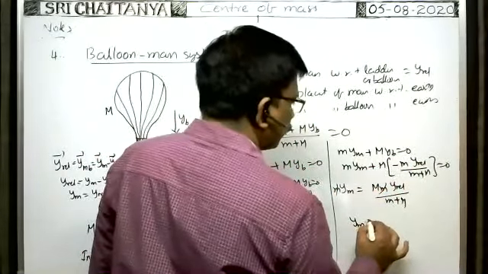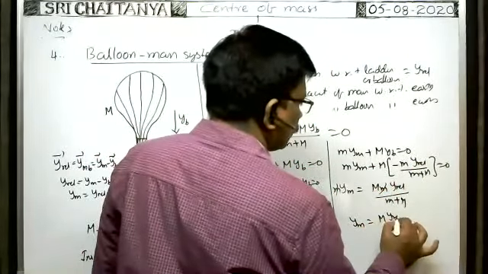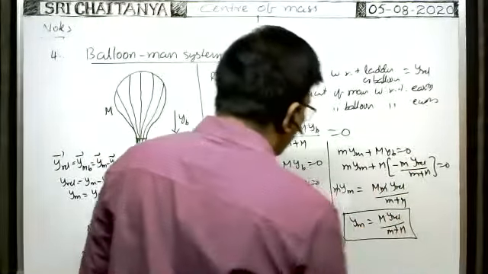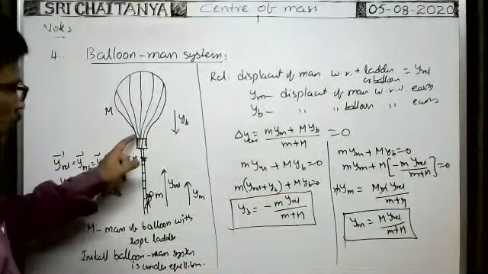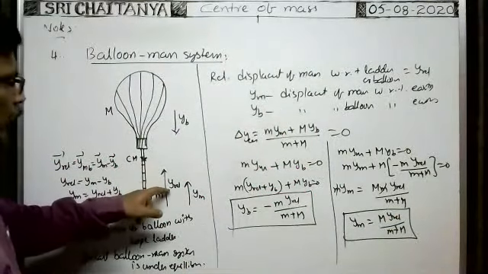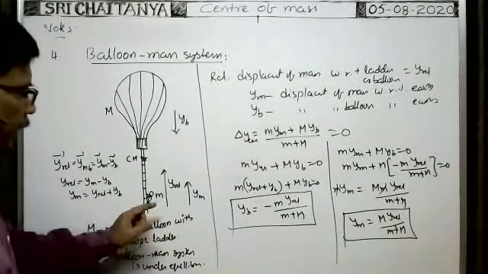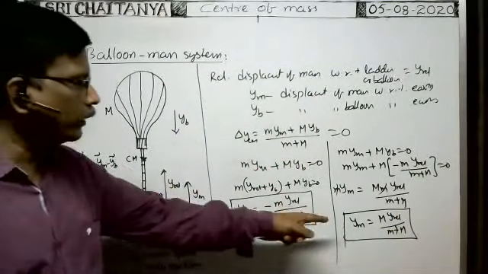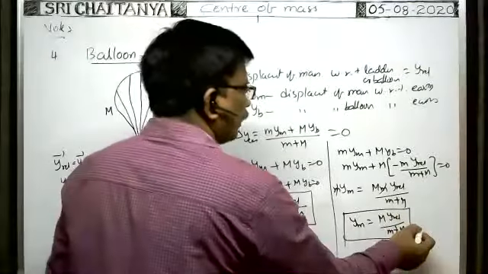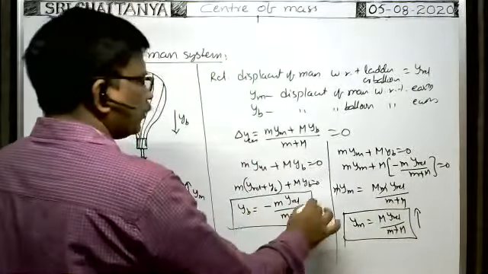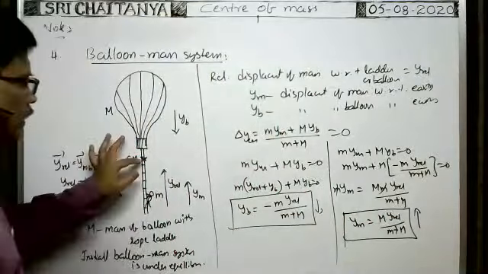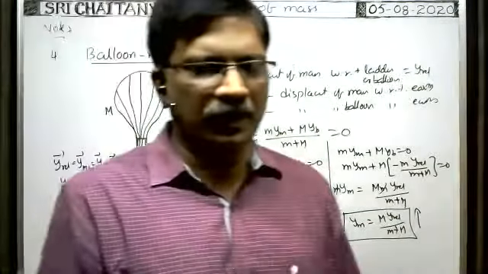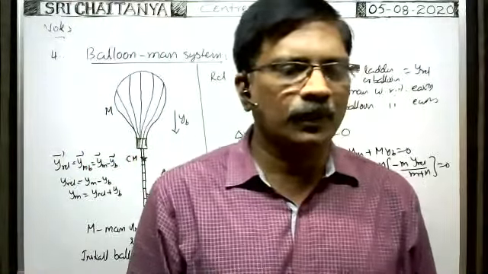Therefore yM is equal to m into y relative by m plus capital M. From the ground, when you observe the man with respect to the balloon, even though the man travels a distance equal to y relative, with respect to earth he travels a smaller distance, equal to yM. As we got positive, it is the upward direction. As we got negative, the balloon comes down to maintain the center of mass at the same place. Same concept, boat-man system only.